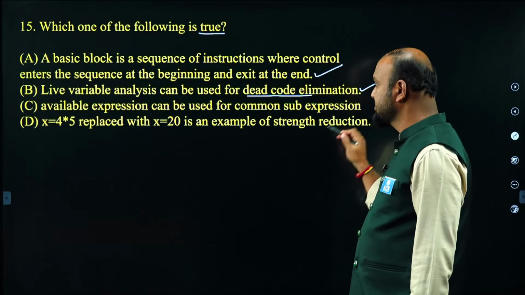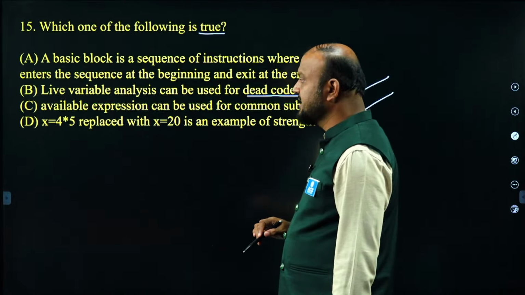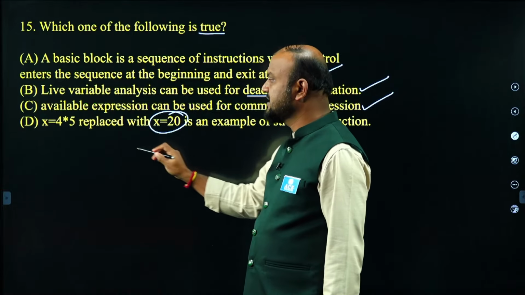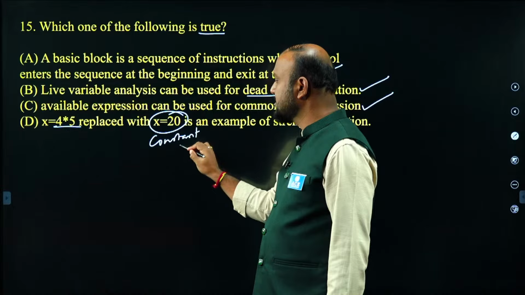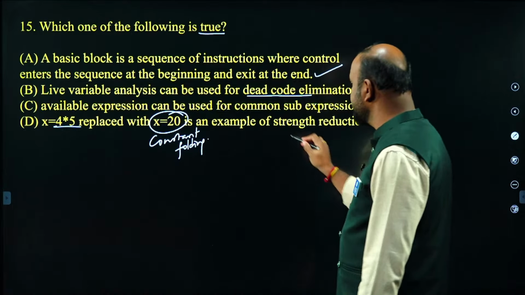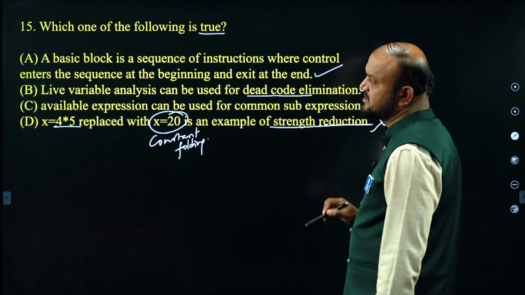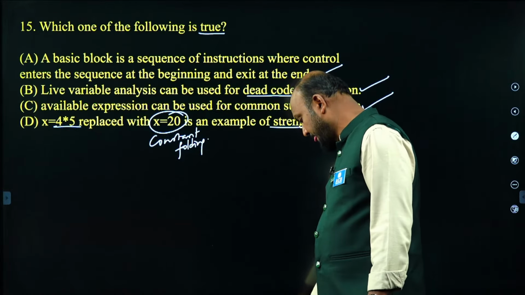Available expressions can be used for common sub expressions. True. x equal 4 into 5 replaced with x equal 20 is called constant folding, but it is mentioned as strength reduction, so it is false. So the correct answer is A, B and C.